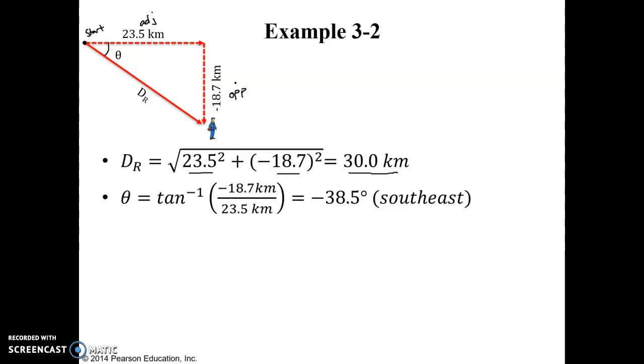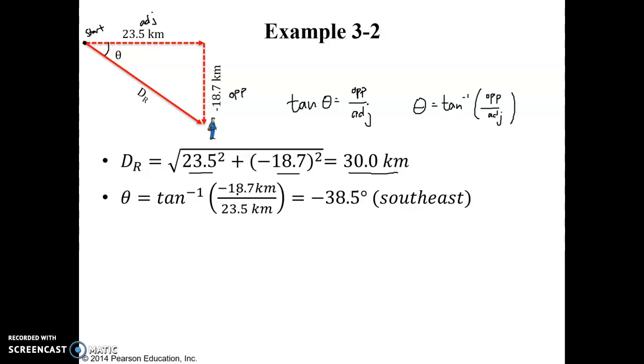So TOA, opposite over adjacent. And so if tangent of theta is opposite over adjacent, then theta itself is the inverse tangent of opposite over adjacent. So that's what we have here.